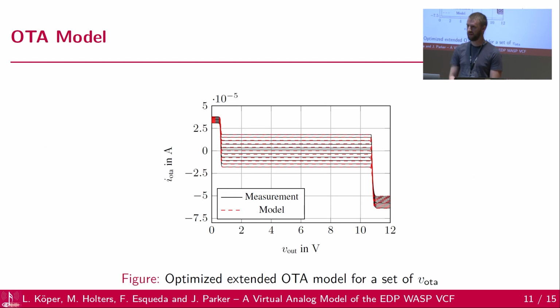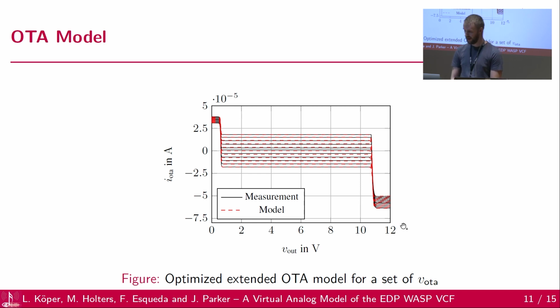But there's one thing about the OTA we need to take a look at, which is really important for modeling this filter. We will see later. And you can see, again, the output current of the OTA, and now against the output voltage. So what we did here is just we put a load at the output and then sweep the output voltage from 0 to the supply range. So this was 12 volts.